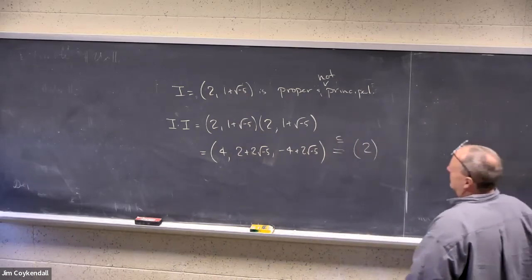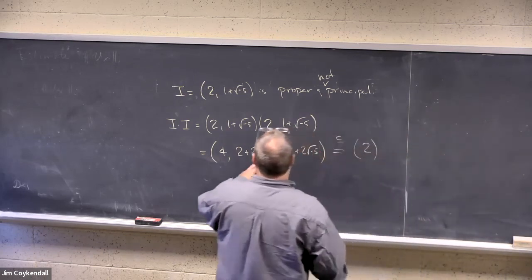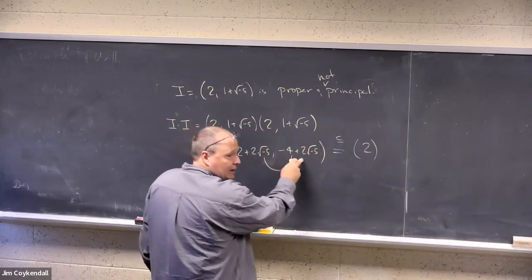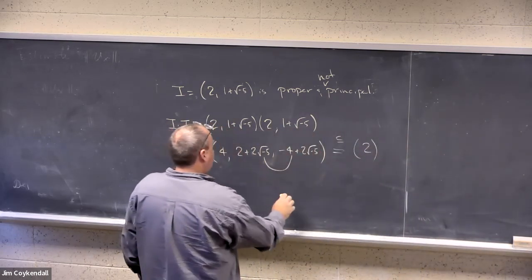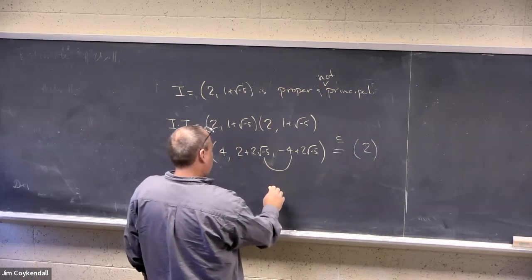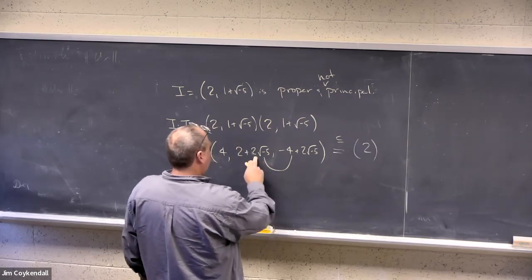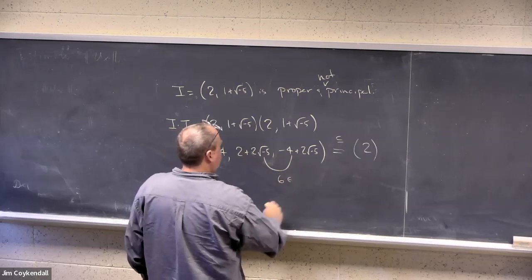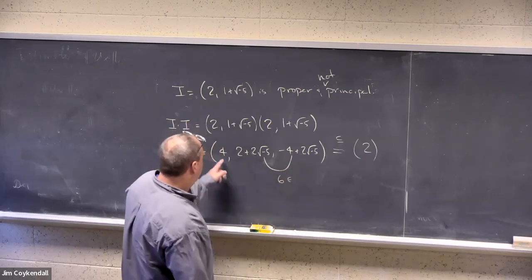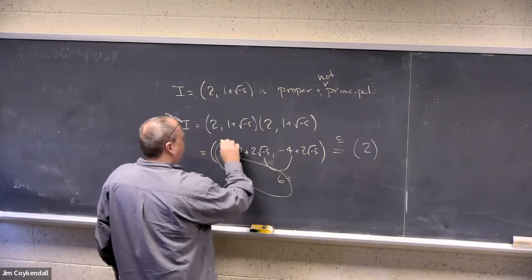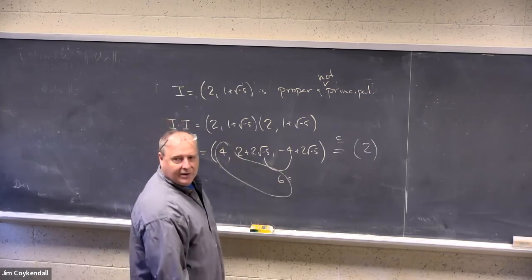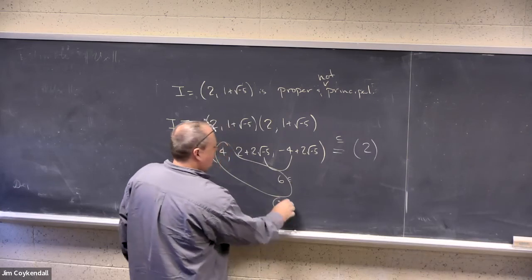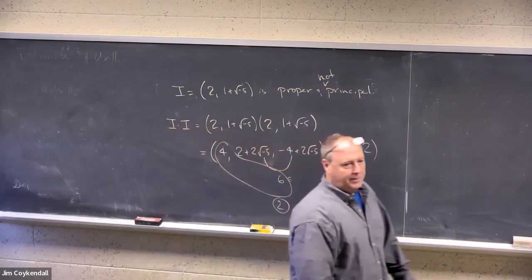Well, for that, let me point out that because these two elements are in this ideal, then I want to subtract. So this minus this, I get 6 is in this ideal. Right? So now I've got 4 and 6, so I've got their GCD. So I've got 2, and I get an equality.